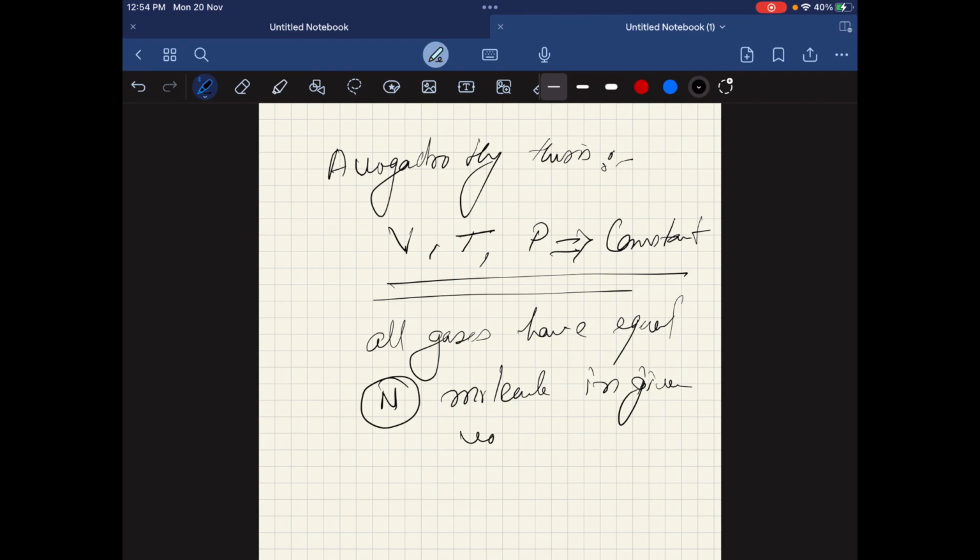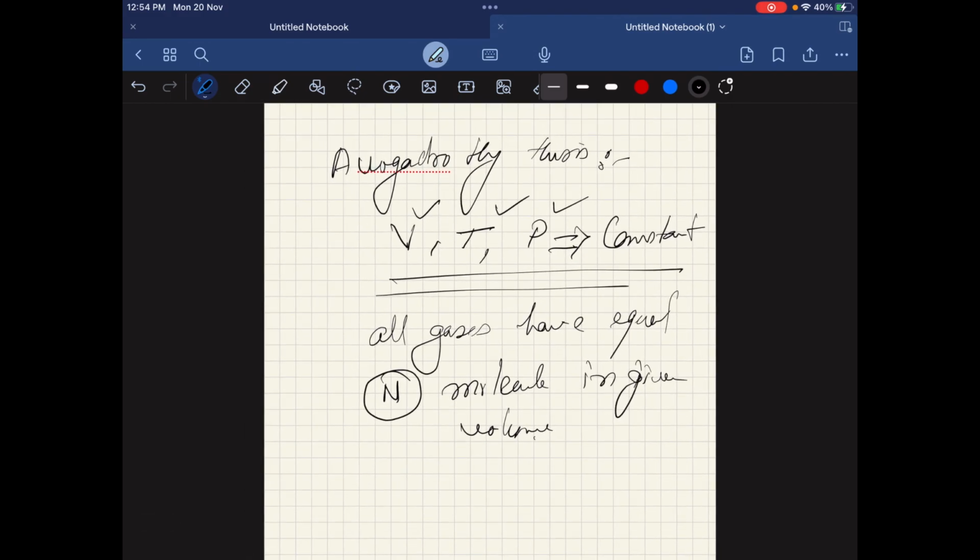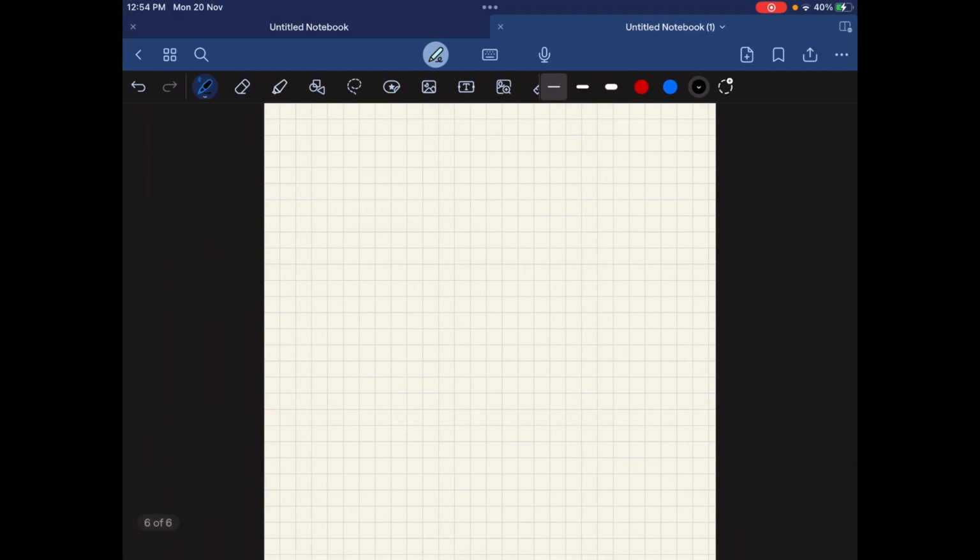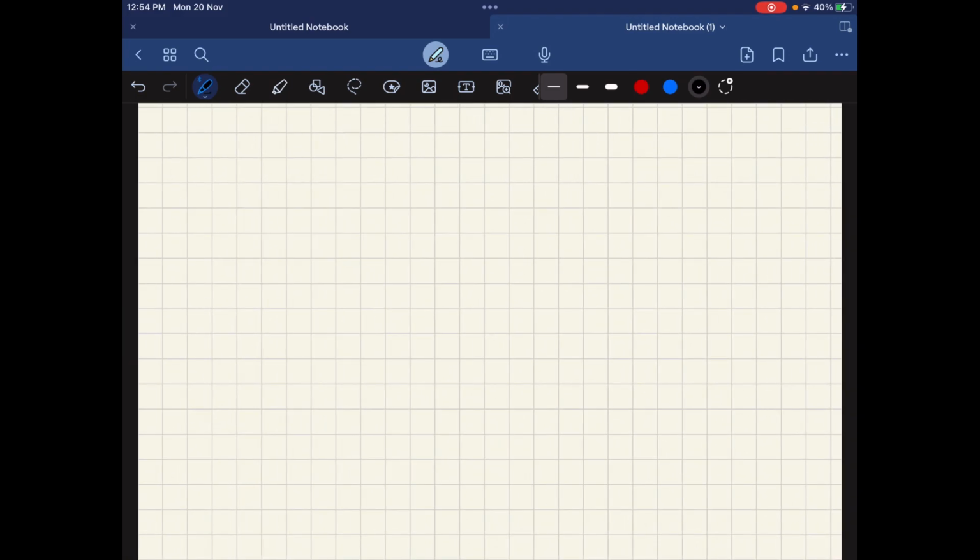So it doesn't matter whether it's oxygen, nitrogen, carbon dioxide. If the temperature and pressure is same, the same volume, the number of molecules will be similar. And actually this gives a concept of mole when we say 1 mole of the gas is equivalent to Avogadro number.